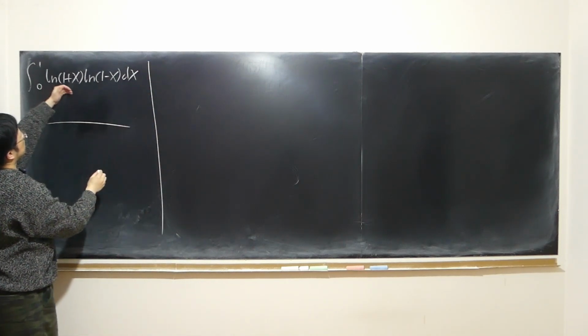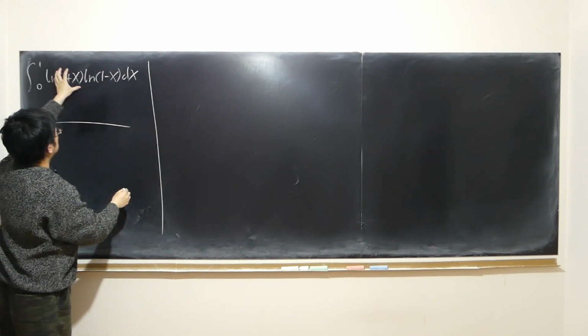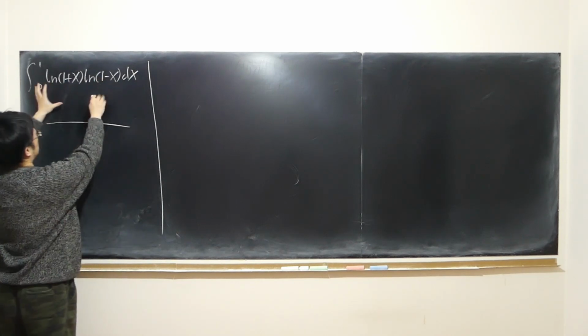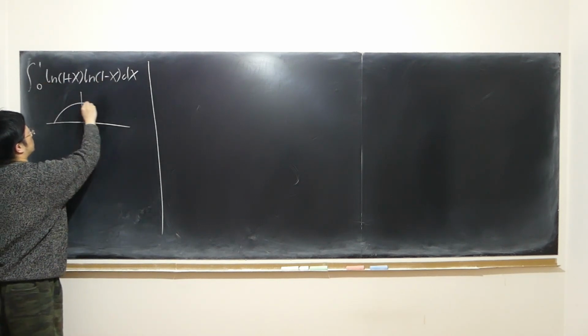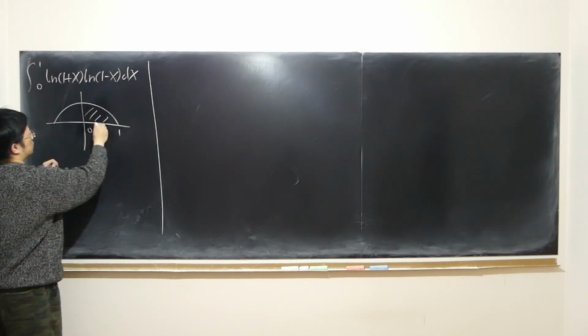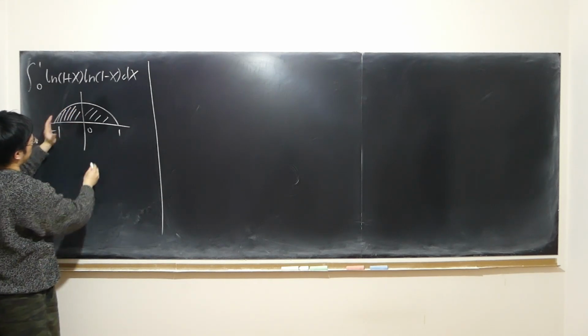The function seems to be an even function. When you replace x with negative x, this turns into 1 minus x, and this turns into 1 plus x, still the same thing. So to calculate the integral from 0 to 1, that's this area, which will be the same as this area.